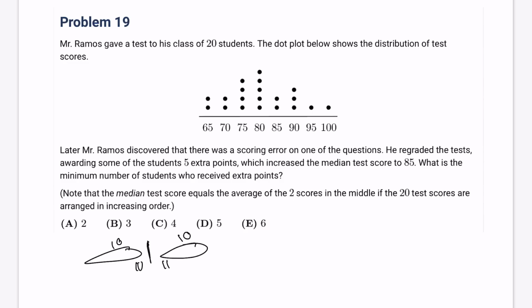Right now, we calculate how many values are greater than or equal to 85. 1, 2, 3, 4, 5, 6, 7. However, we need the 8th, 9th, 10th, and 11th score to be equal to 85. As we can see here, we can just take these 4 scores as 80, add 5 extra points to 85, and that works. So that's answer choice C.